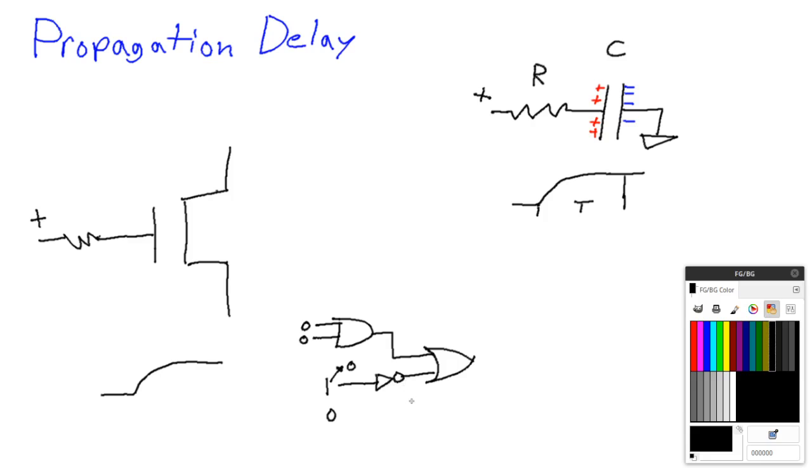It might take one time unit to change, and the OR gate is also going to take some time to realize that there's now a 1 there, and it might take another time unit.